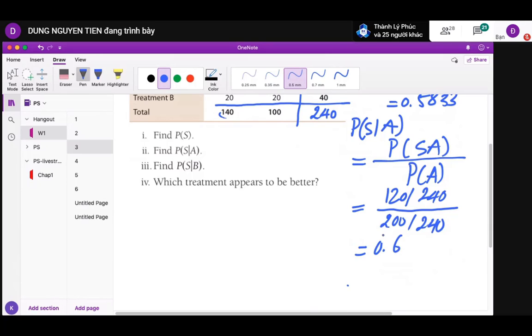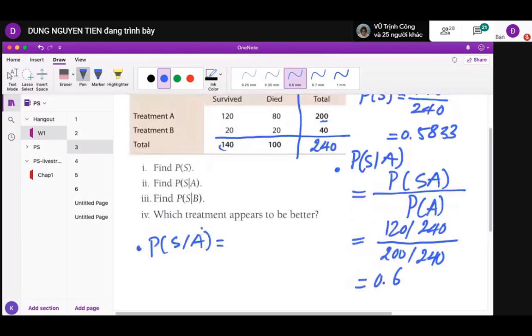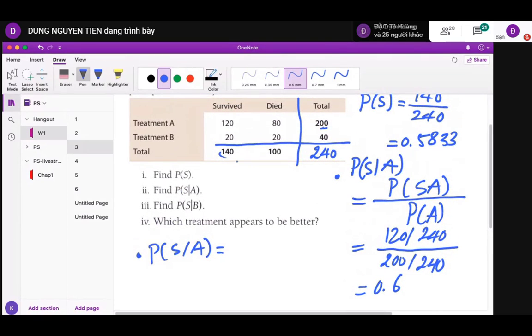Okay. There is another way to compute the conditional probability of S given A. The conditional probability of S given A is the probability of S when you know the fact that A already occurred, or let's say you want to find the probability that a patient survives if the patient received treatment A. Therefore, you only need to focus on this row corresponding to treatment A, okay?